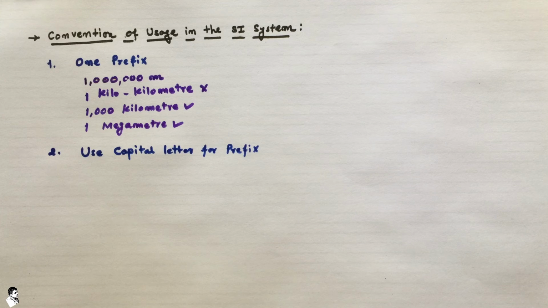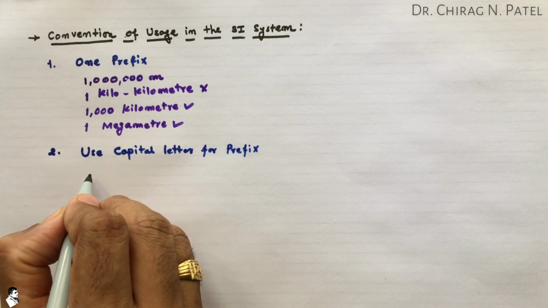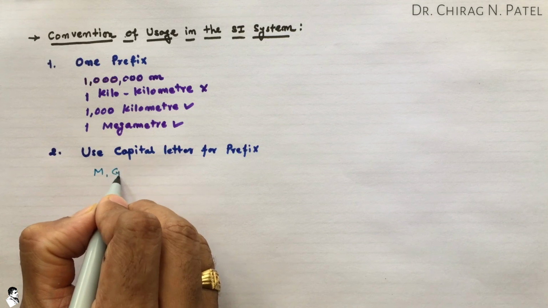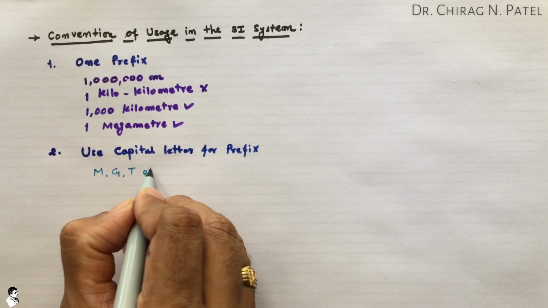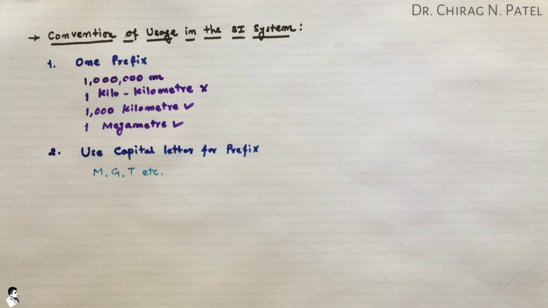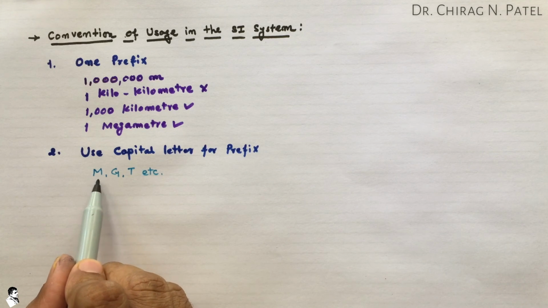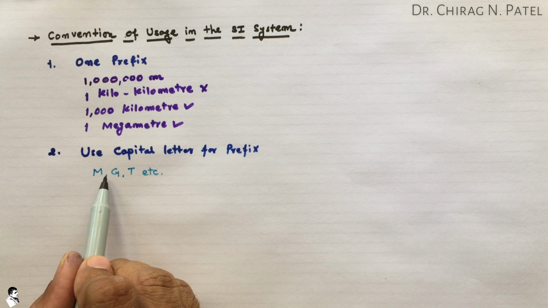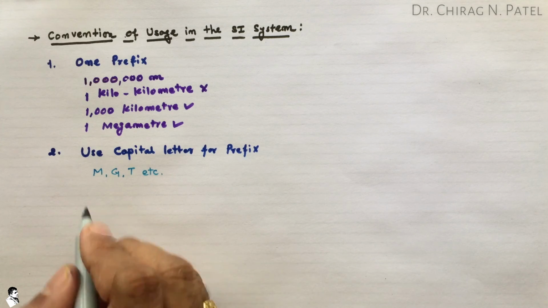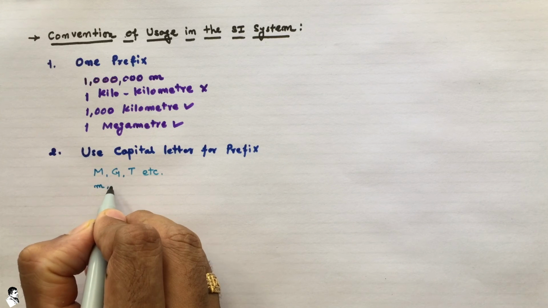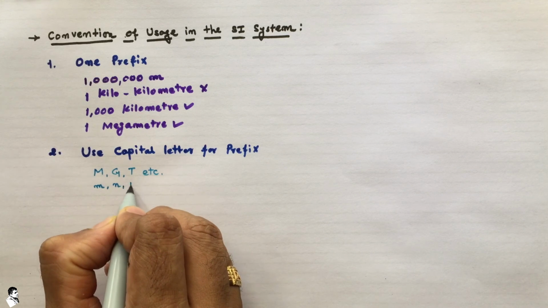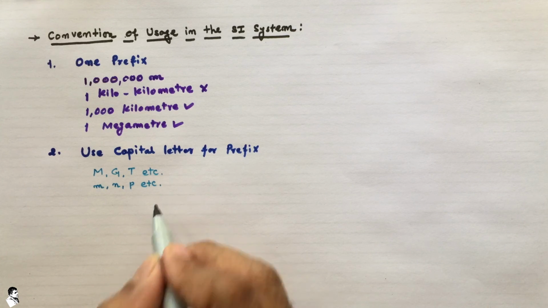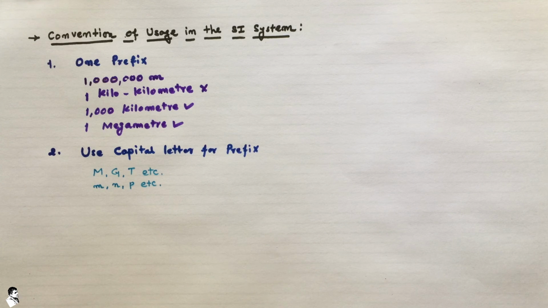Those letters we generally take as mega, giga, tera, etc. The capital letter is used to define prefixes that make a unit bigger. On the other hand, we use a small letter when the unit becomes smaller.